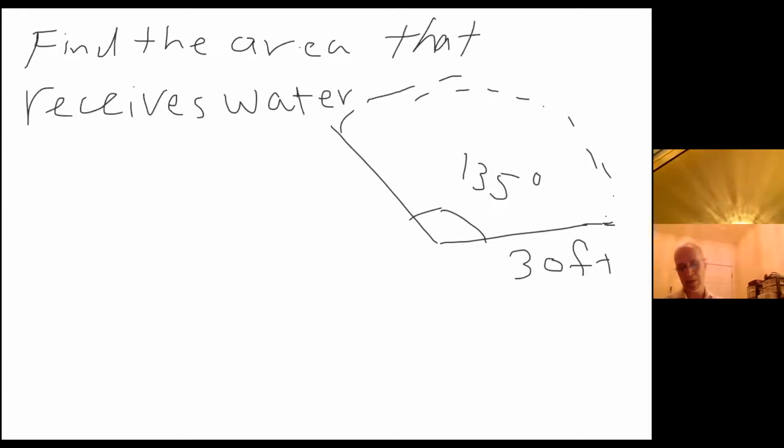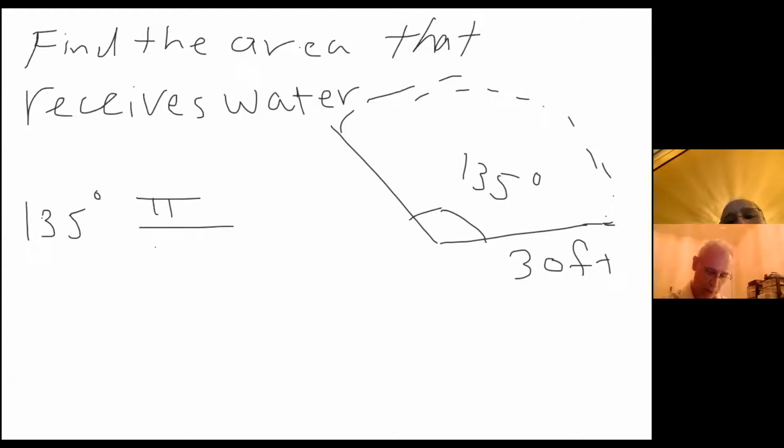Okay. Well, I don't know about you, but for me, the first thing I like to do is to remember to convert the 135 degrees to pi radian. So I'm going to say 135 degrees times pi over 180 degrees. Cancel the degree.